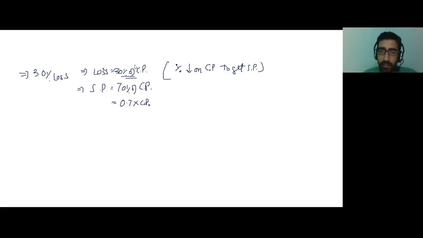Is this clear? This is rather important because it directly allows you to understand what loss means and connects it to values or ratios of selling price and cost price. Is this clear?